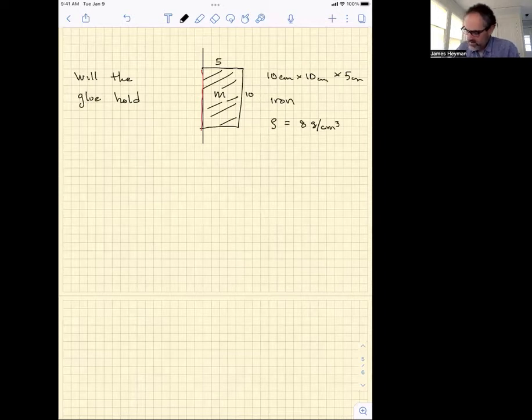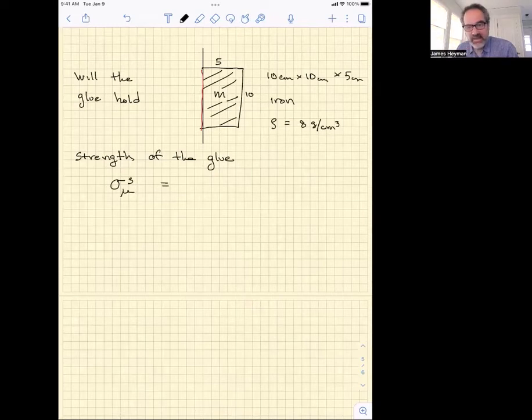Okay? The strength of a material is described in terms of a maximum stress that it can withstand before it fails. So in this case, it's the maximum shear stress for the glue.